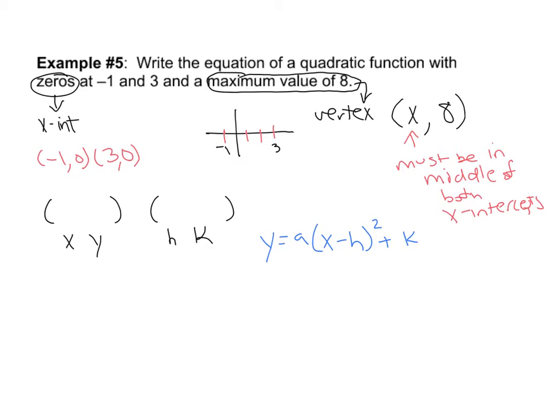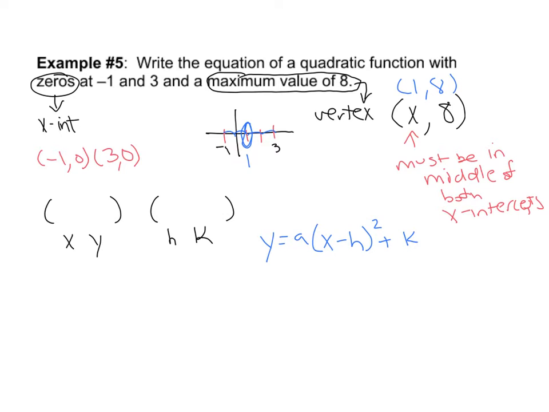So therefore, it has to be in the middle, in between my two x-intercepts. So we can figure out what that vertex is by going hop once, hop twice that direction, hop one, hop twice, and the middle is here, which is at a +1. So we actually know that our vertex is 1, 8.